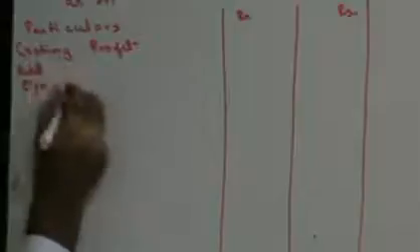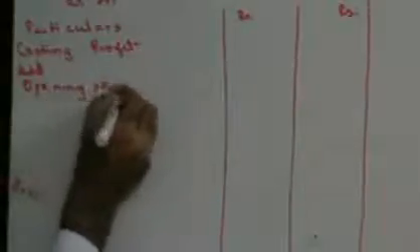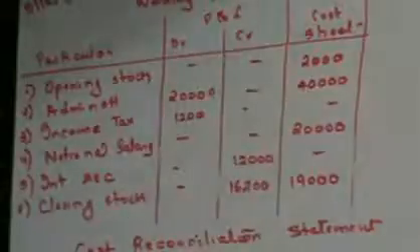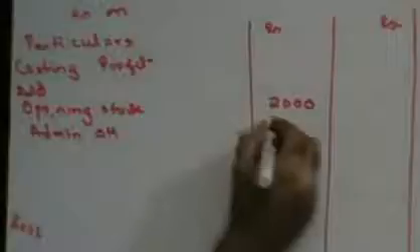Opening stock, 2,000. Right? Keep your finger on the cost sheet. This figure is 40,000, this figure is 20,000. This figure is more. More is more. How much is it more by? 20,000. So you write the extent to which it is more. Admin overheads, 20,000.